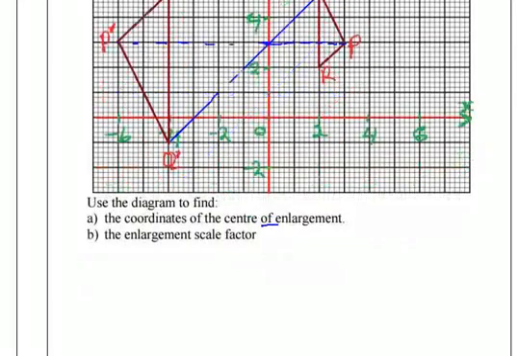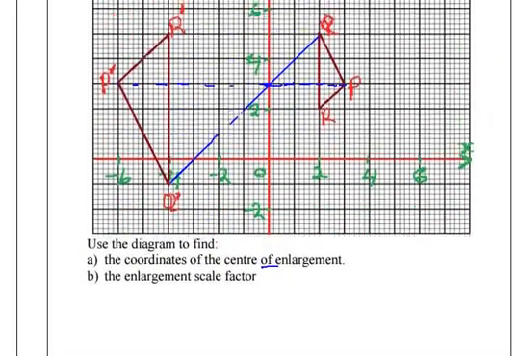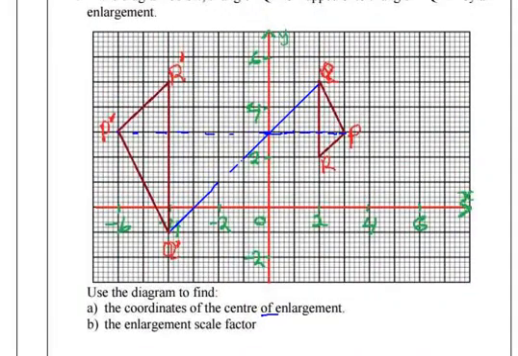Now, when those two meet, I simply write down my answer. The coordinates of this point: when I look at the origin, I do not go to the right or to the left, so that is a 0. Then I need to move 3 steps up, so it is (0, 3).